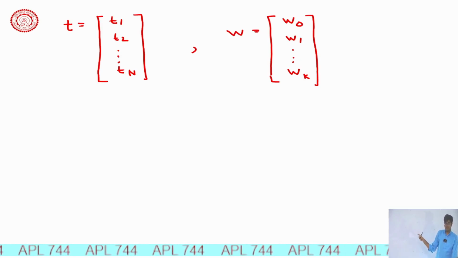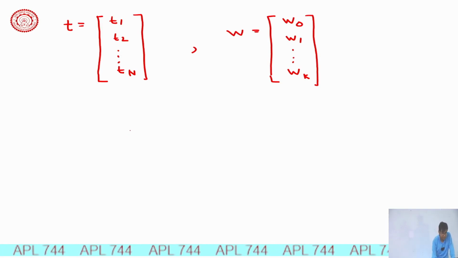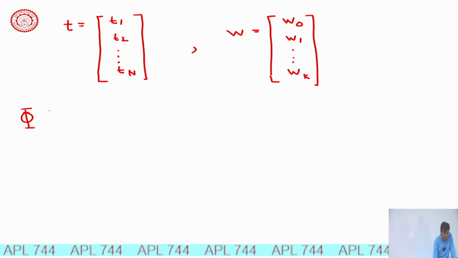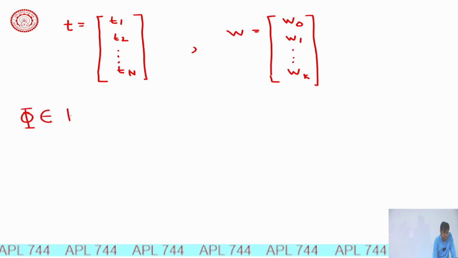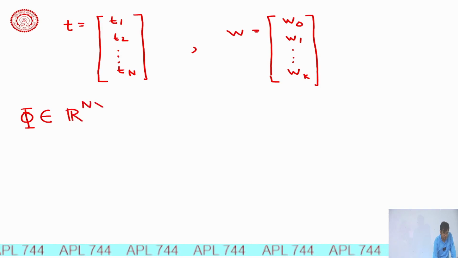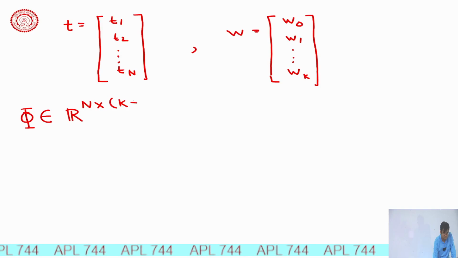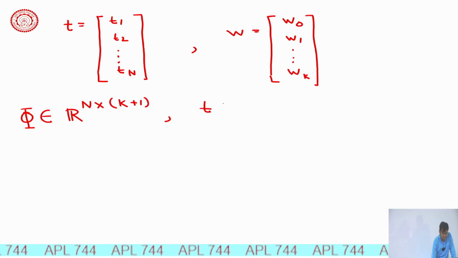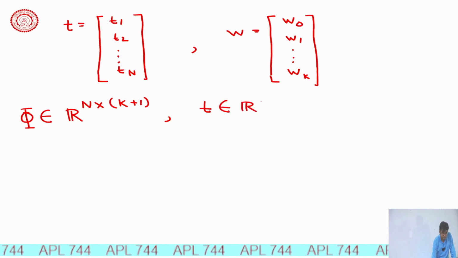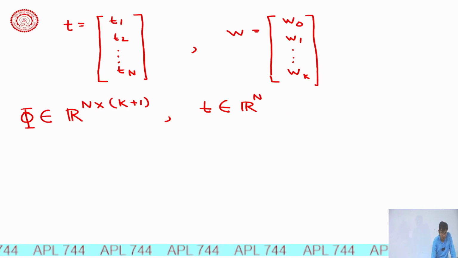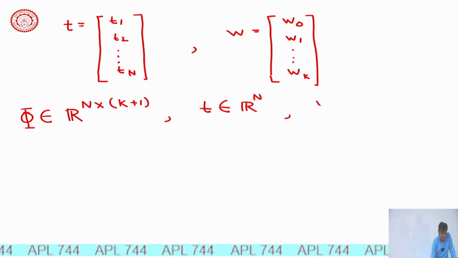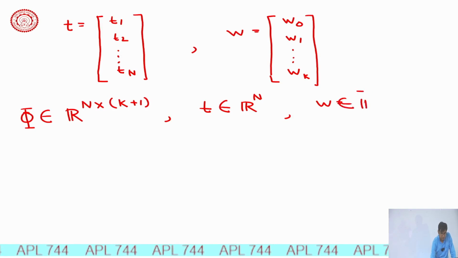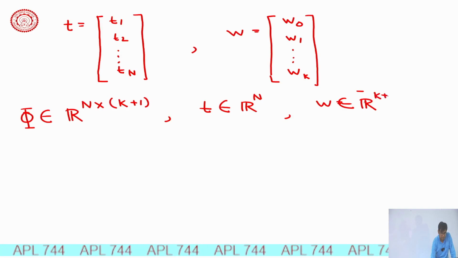So, these are the three things I will need. Just for completeness, phi is now a matrix of dimension n cross k plus 1, T is a vector of dimension n, and W is also a vector of dimension k plus 1.